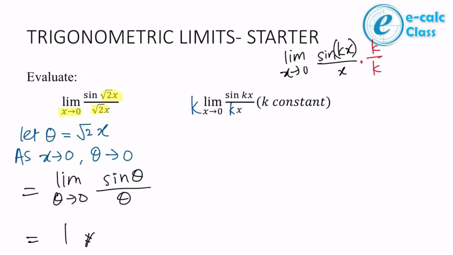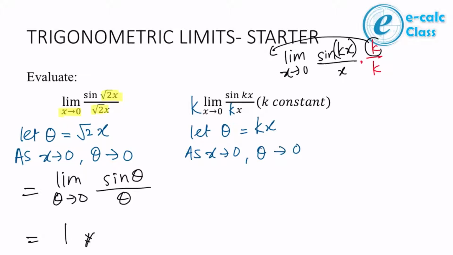So that now I take out the k and bring it outside, so that it is k times the limit when x approaches 0 of sine kx over kx. Okay, and now I can write, let theta be kx. Then as x approaches 0, because your k is a constant, theta also approaches 0.